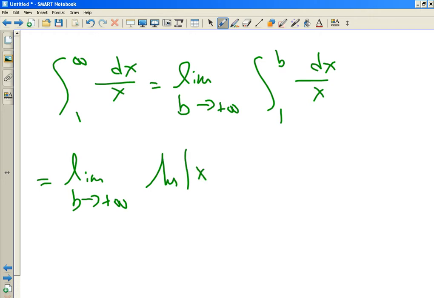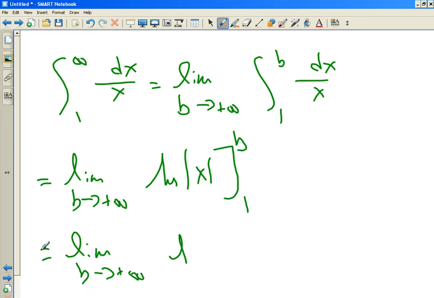ln absolute x evaluated from 1 to b. Okay, so first you plug in b, then you minus what? ln absolute 1.